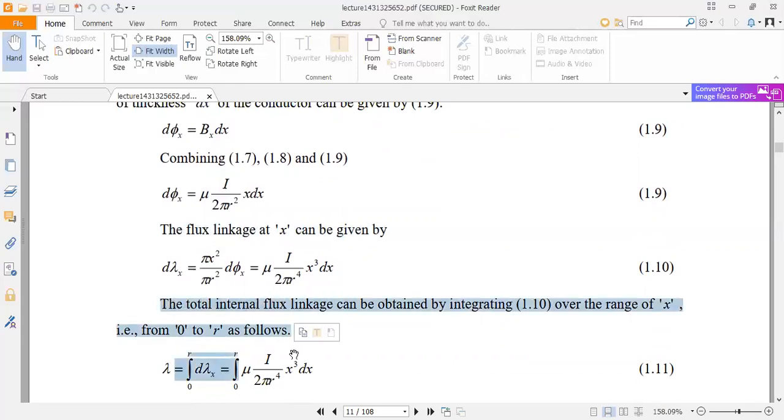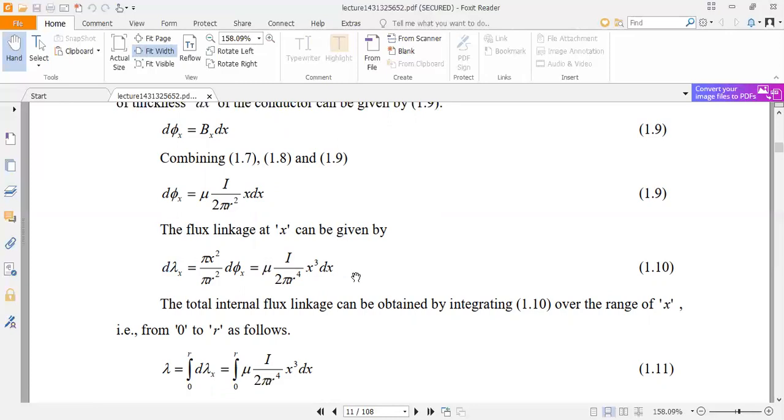But this is not the formula of the total flux linkage. This is only for the smallest part, that is, here you can see this is dx, d lambda x. So this is only a smallest part.